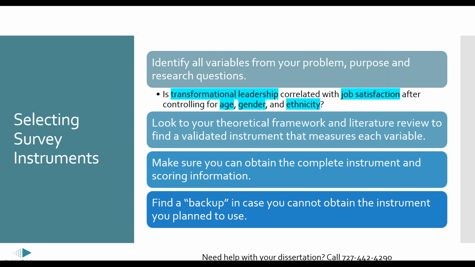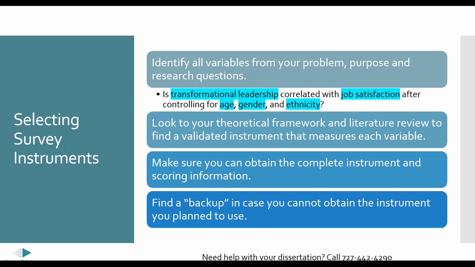Okay, so first let's talk about selecting the appropriate instruments for doing an online survey study. In order to do a survey study, you need to select survey instruments for measuring all of the variables that you intend to measure.